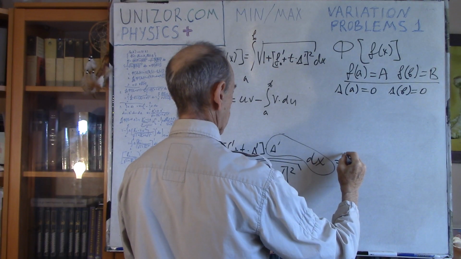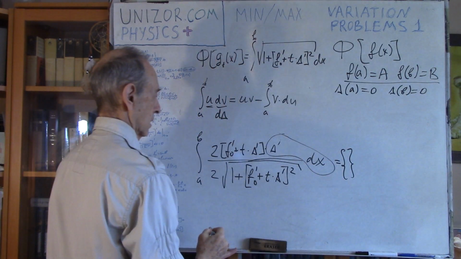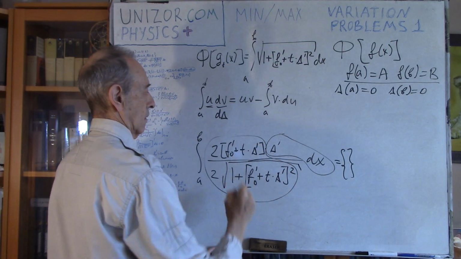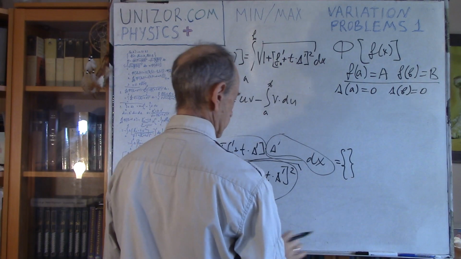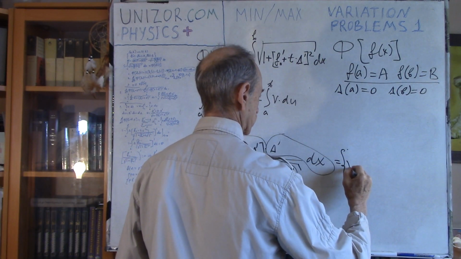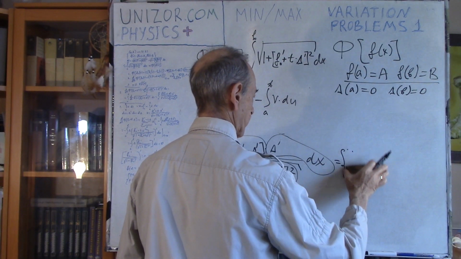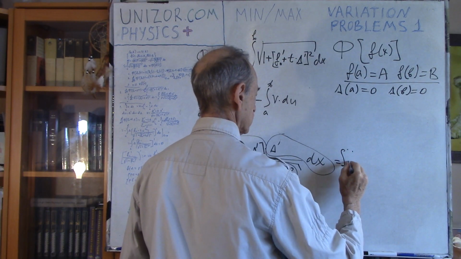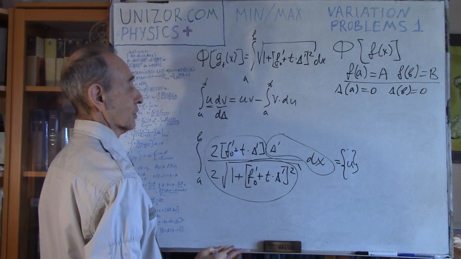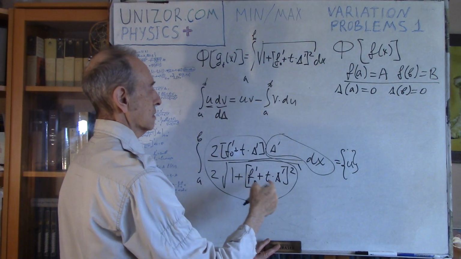I will put this for the whole thing. This is my v. No, this is my u, sorry. I don't want to write it down because it will be 0. Times v.